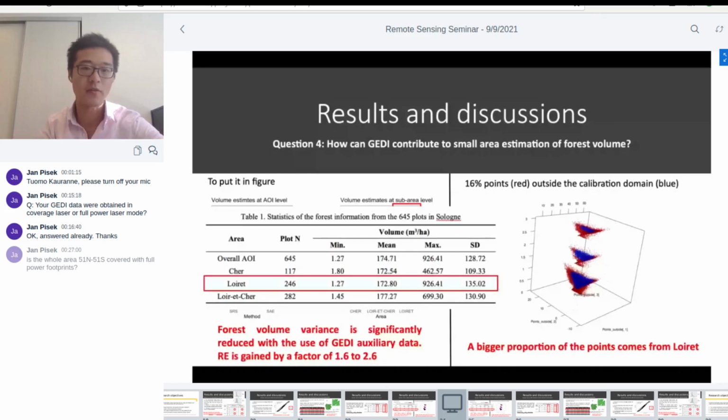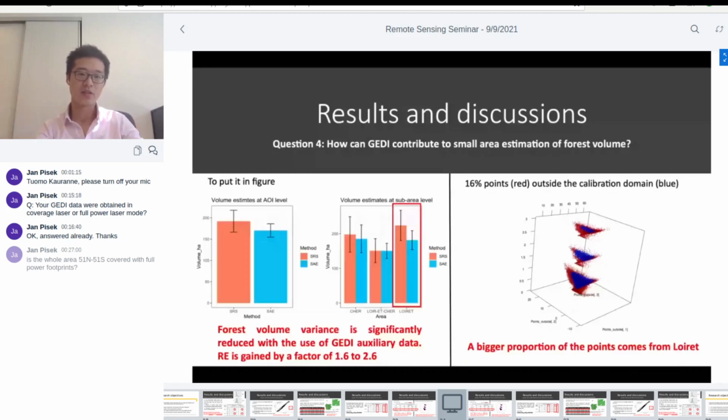Because Loire has more heterogeneous forest volumes, that's why we think this estimation issue happened, particularly in this department. Which means in future studies, we would encourage you also to calibrate the model and look to see whether the model is extrapolating or not.